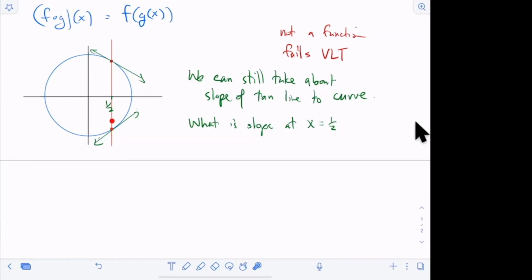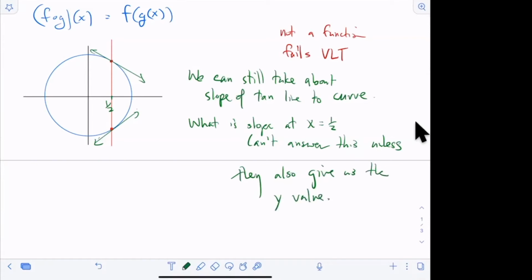So we can't answer this unless they also give us the y value.